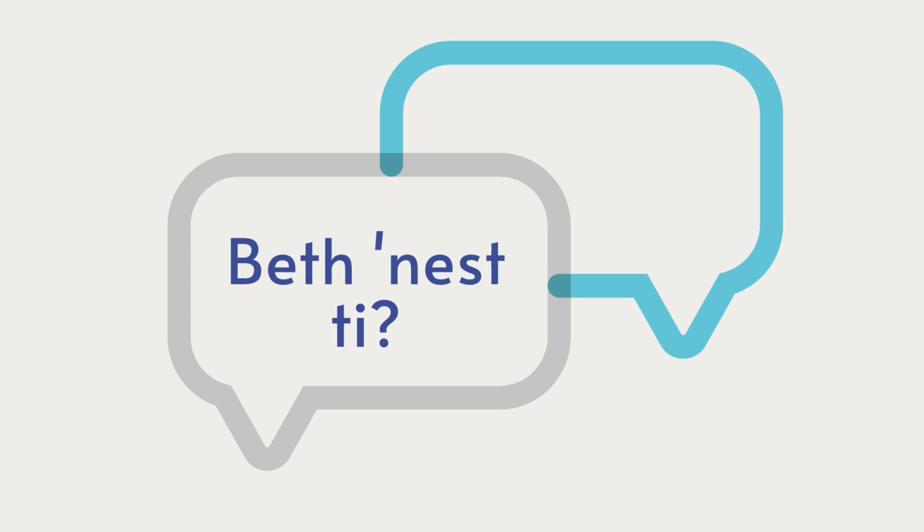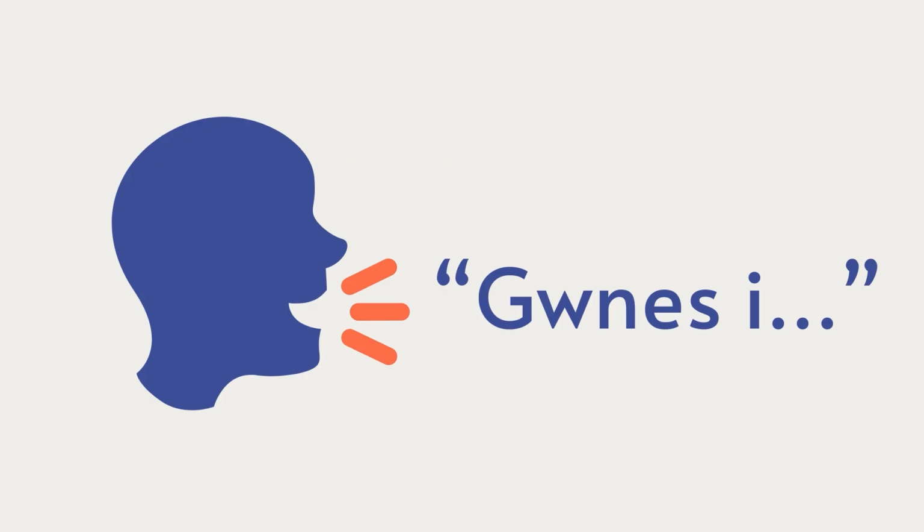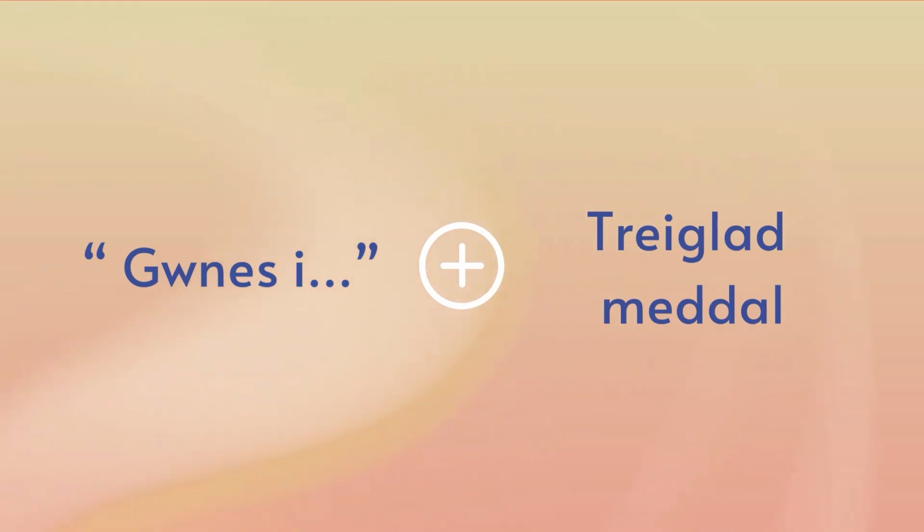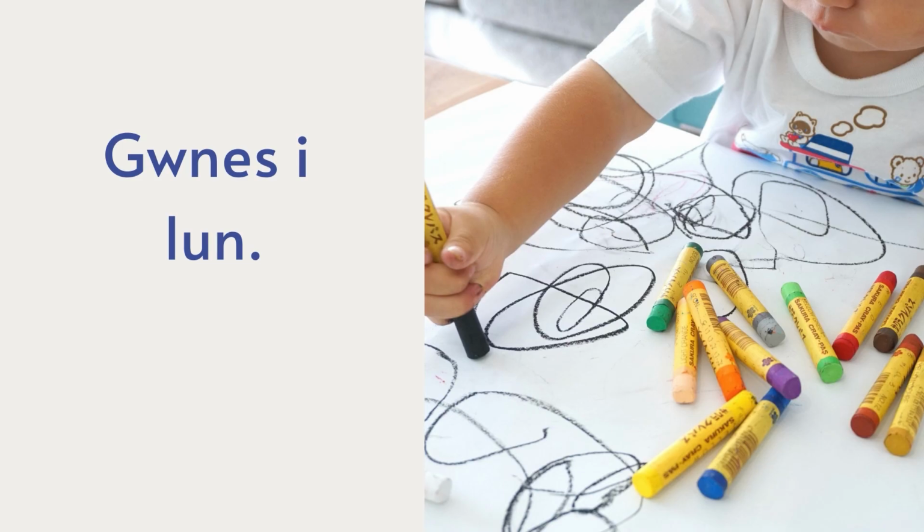To answer by saying I did something or I made something, say gwnes i followed by a soft mutation, a treiglad meddal in the next word. Here are some examples. Gwnes i lun.